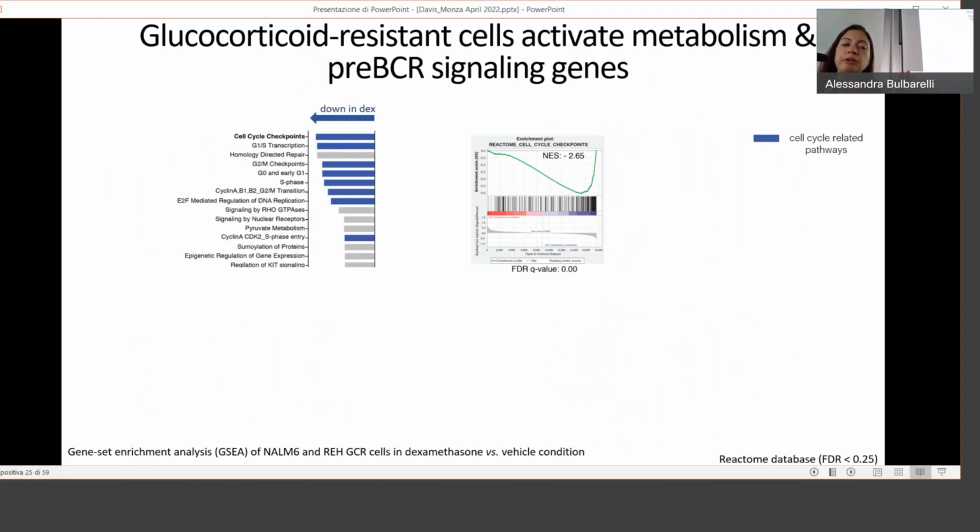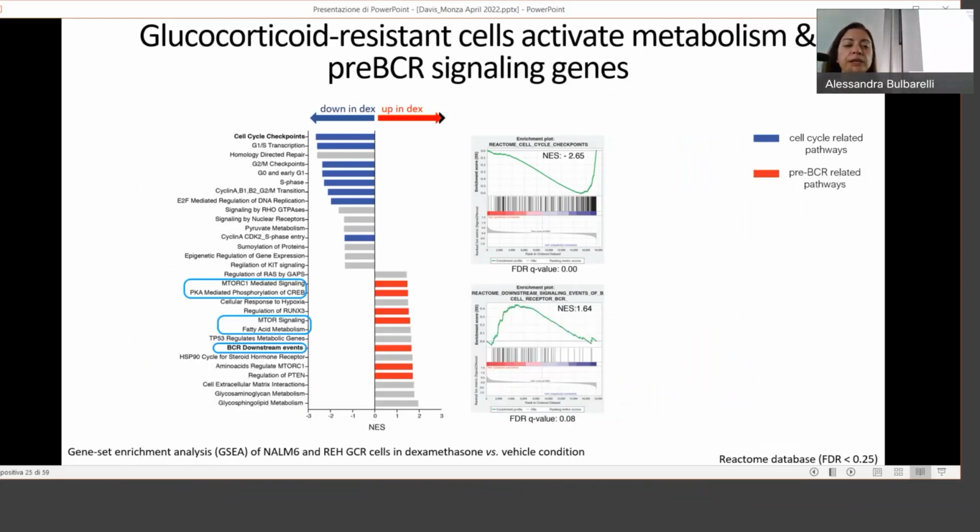And we found that, after glucocorticoid treatment, cell cycle pathways were downregulated, not unexpectedly from what we know about glucocorticoids, but the pathways that were enriched in these resistant cells had to do with B cell development and B cell receptor signaling. Again, sort of implicating this developmental signaling in potential resistance.